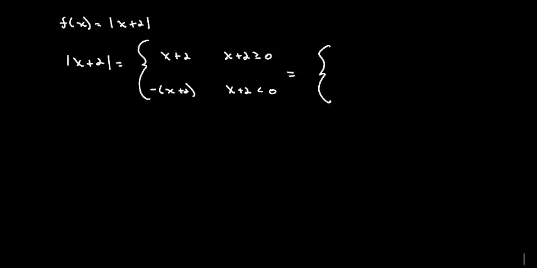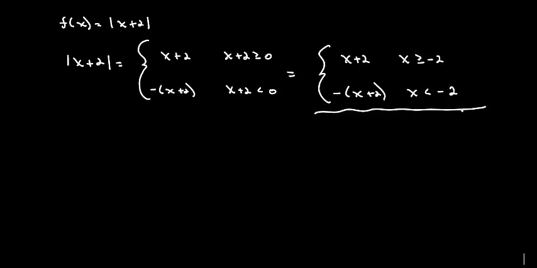So this is equivalent to saying the following, and this is how you would see it written in a textbook. Just like that. So this over here is our piecewise defined function.